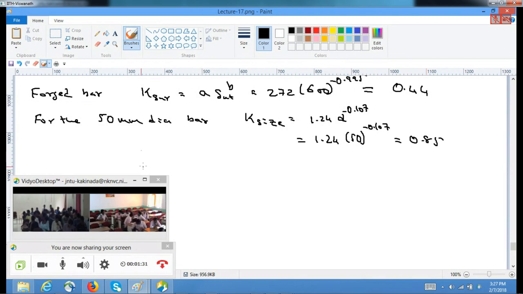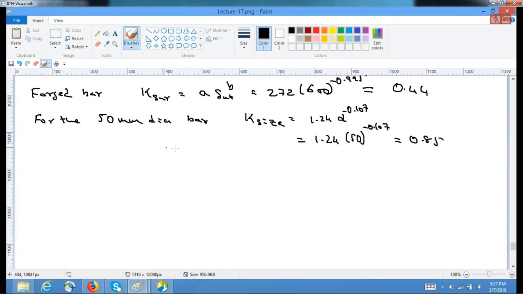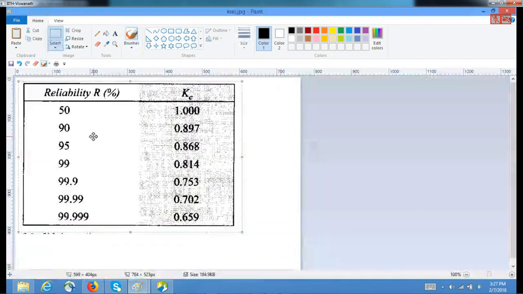And for 90% reliability, K reliability is same as last time, which is 0.897, looking from the table, 90%.